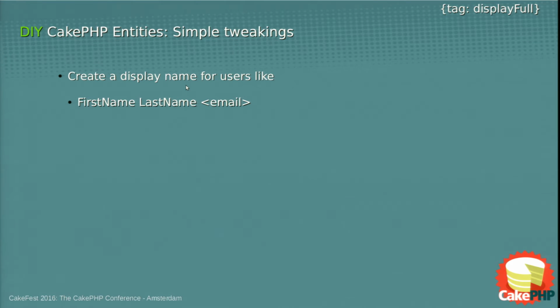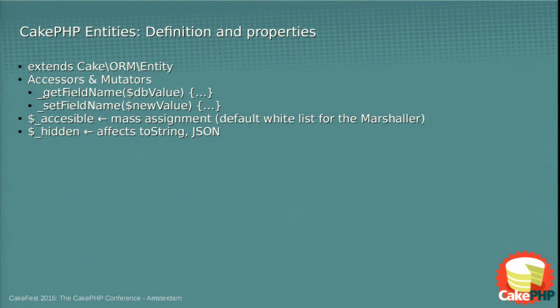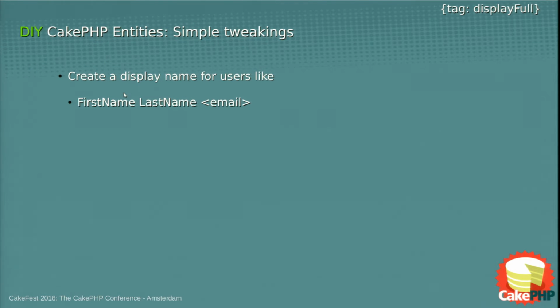So let's do this as an example. We're gonna use the getter of the user's entity, and we're gonna provide a better display name for the users. The objective of this example is, instead of displaying the email, we're gonna display the first name, the last name, and email in brackets or something like that.